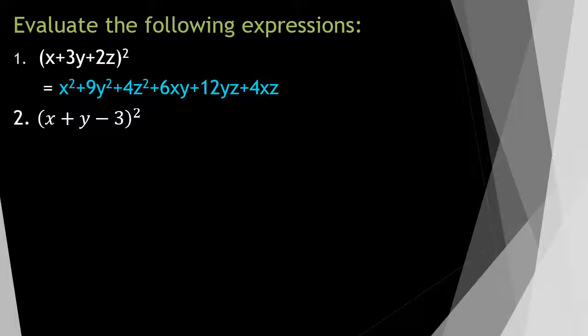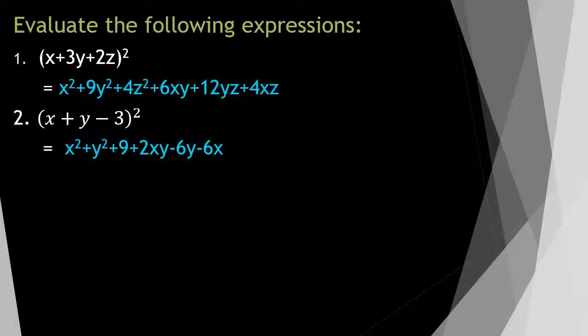As you can see, the last term is negative. What I am reminding you, whenever you encounter a negative sign on the last term, then we alter its formula. Now we have the answer. x squared plus y squared plus 9 plus 2xy minus 6y minus 6x.